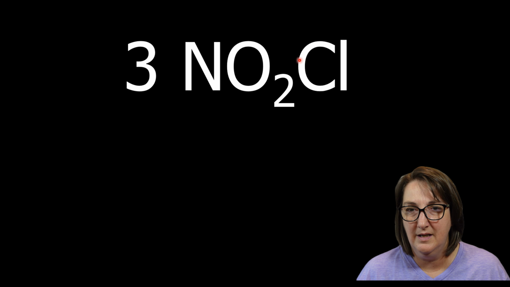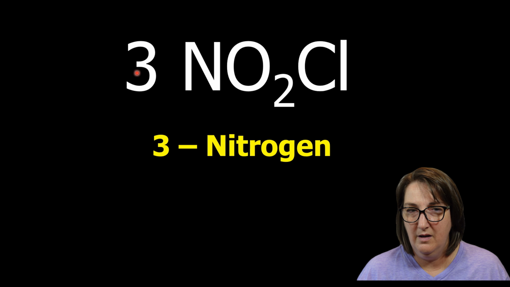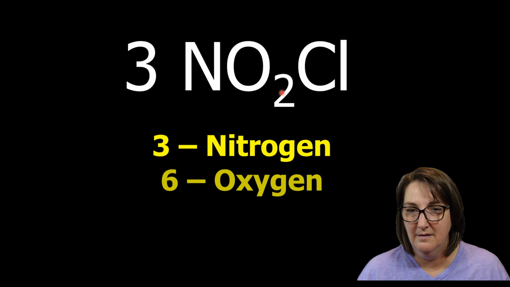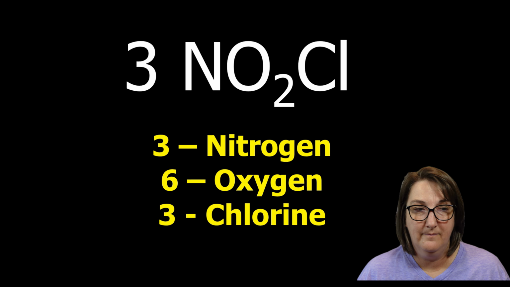If you've ever seen a capital C and you think it's a capital I, I'm never going to give you that. So this is always going to be chlorine. It's a lowercase l. I have nothing after this, so it's 1. So now I'm going to multiply everything times 3. 3 times 1 is 3. 3 times 2 is 6. 3 times 1 is 3.